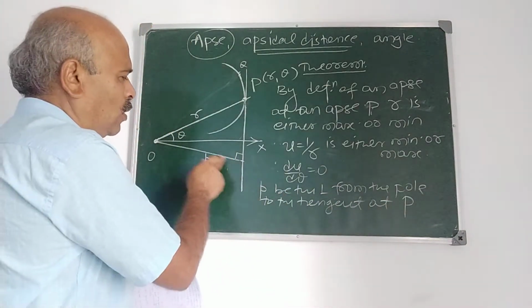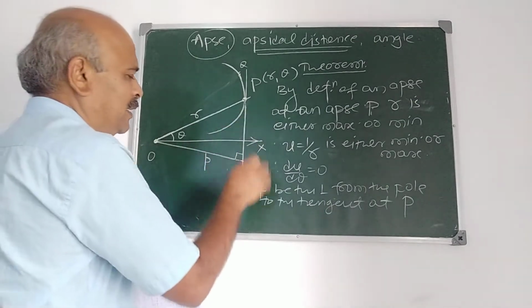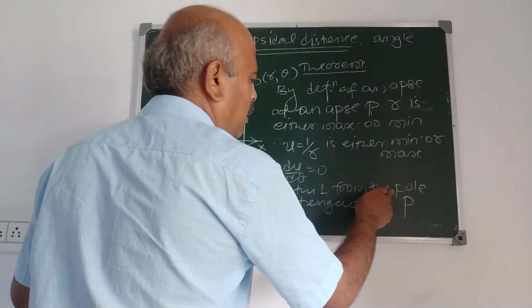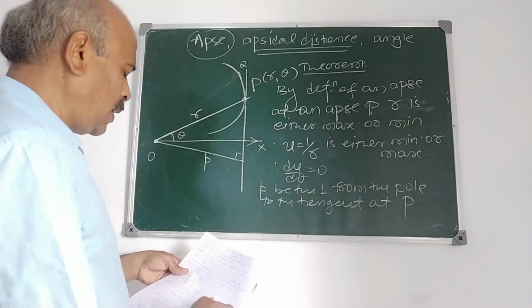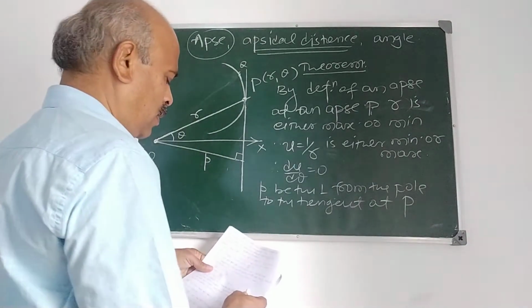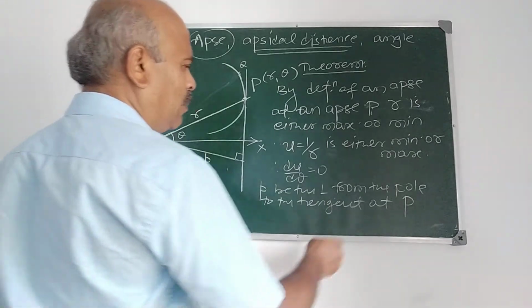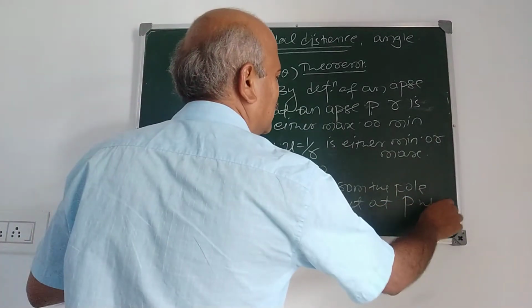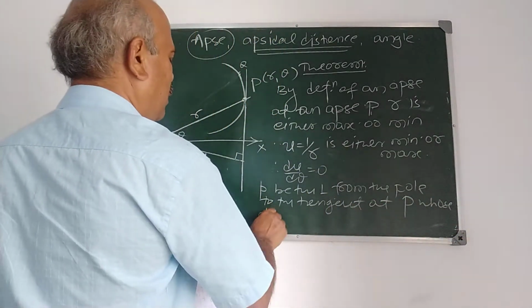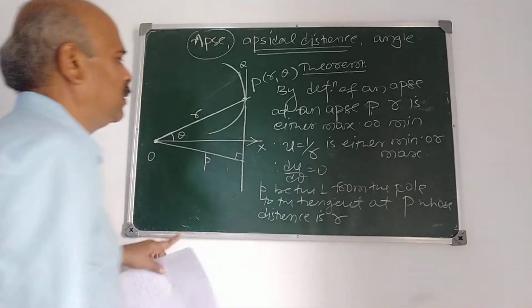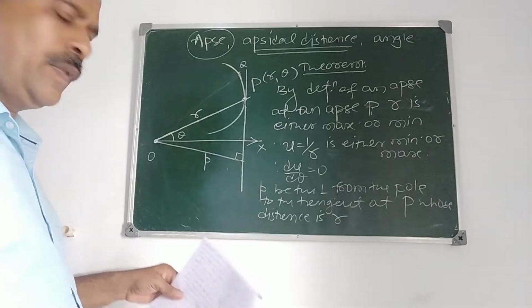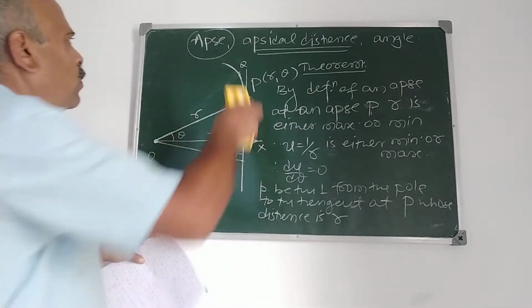It is the length of the perpendicular from the pole to the tangent, and tangent at the point capital P. At the point capital P, whose distance is small r. Then we have this result.